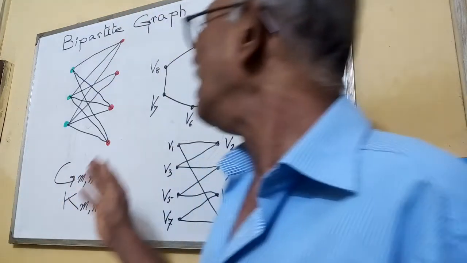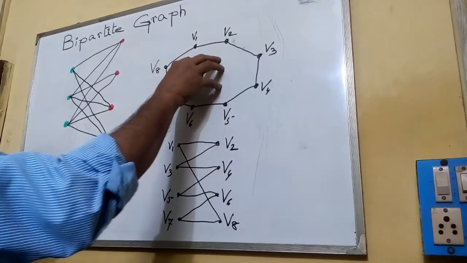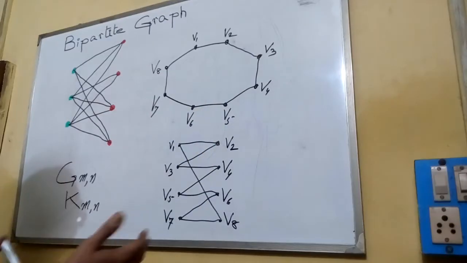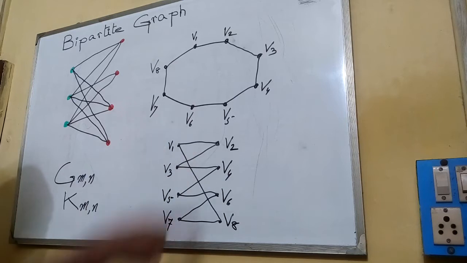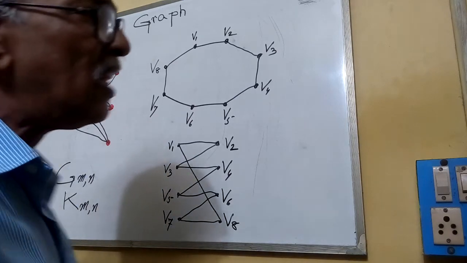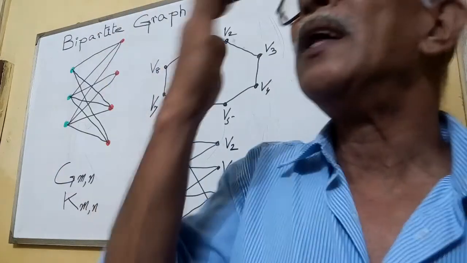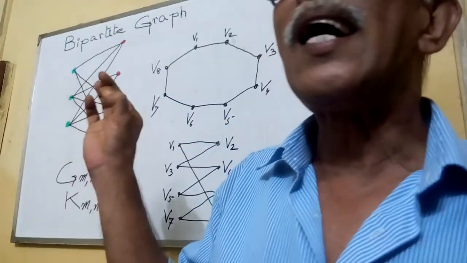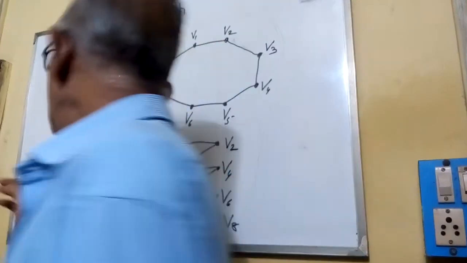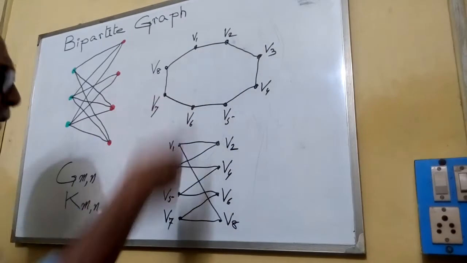So in this way, a graph we cannot easily say by seeing whether it is bipartite or not. We have to make a partition. If we can make a partition like this, then it will be a bipartite graph. Remember, for a connected graph, if it is a bipartite graph, then there will be a unique bipartition.